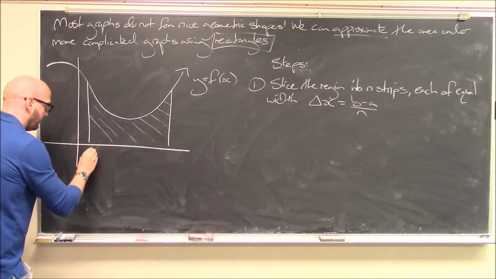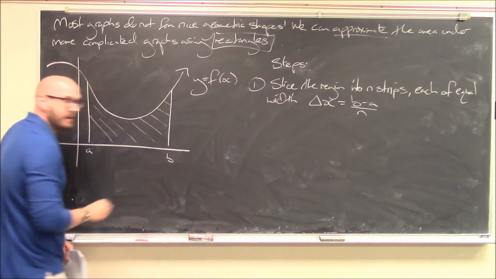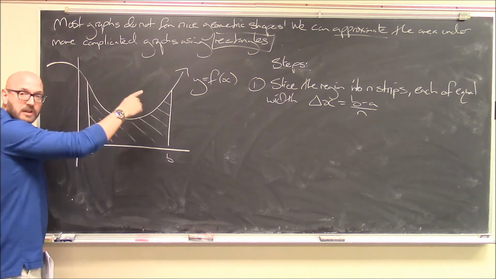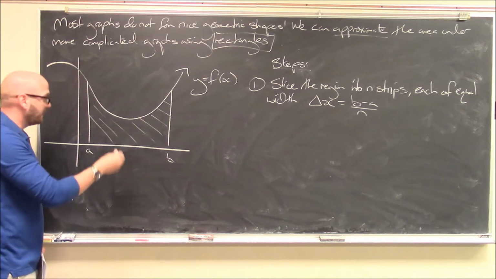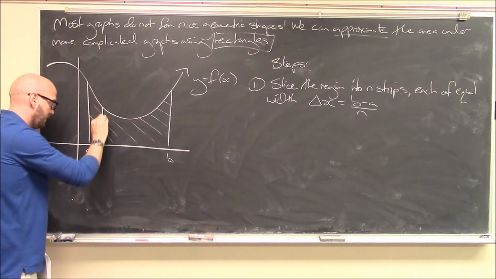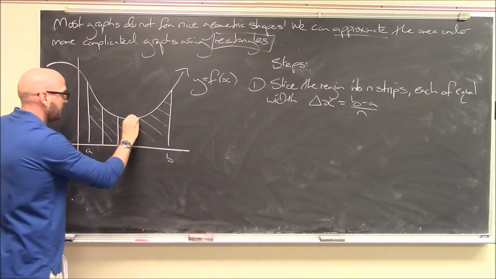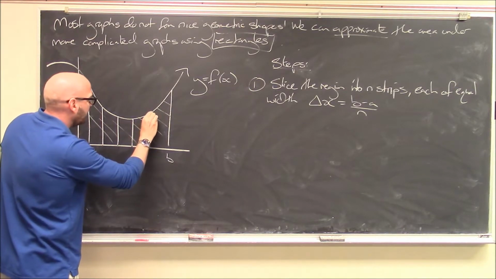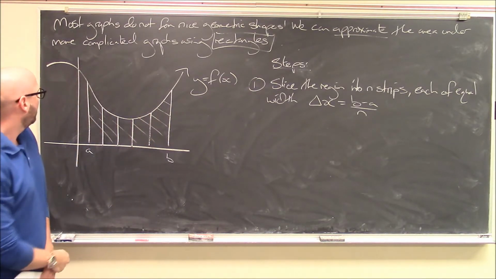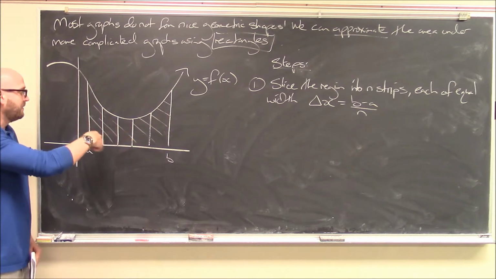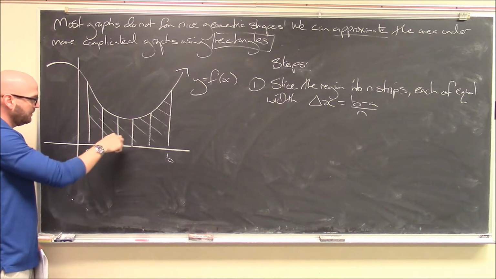So here's what we have. We've got a, we've got b, and the idea is, okay, let's slice this whole region into strips of equal width. So here, I'll slice it again, I'll slice it again, and this is close enough to equal width, I think. So I've cut my region up into these strips, 1, 2, 3, 4, 5.